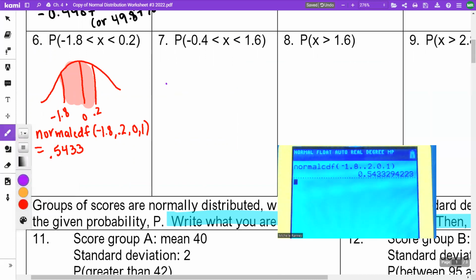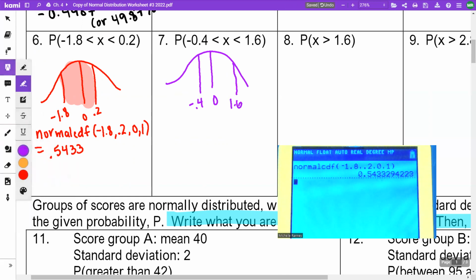On the next one, 0, negative 0.4, positive 1.6. Want everything in between here.